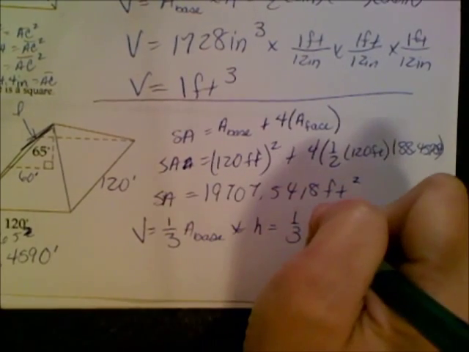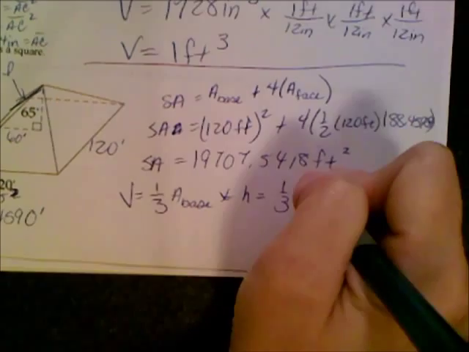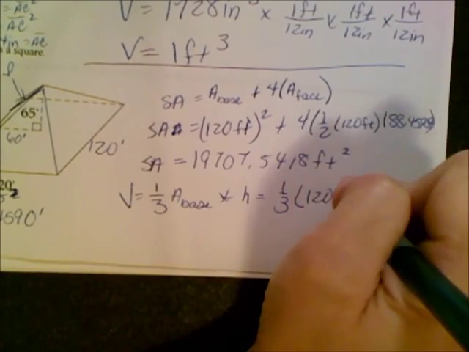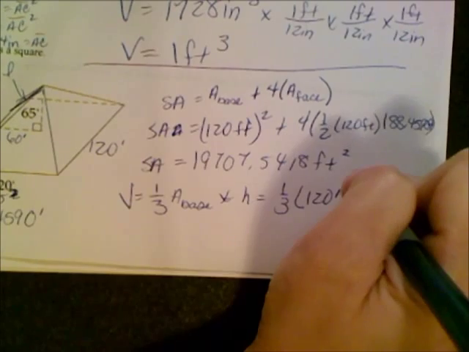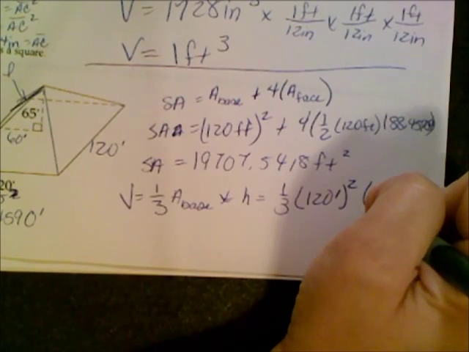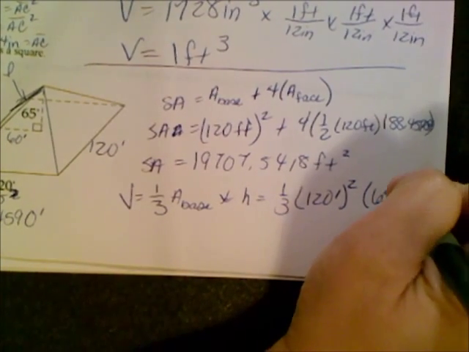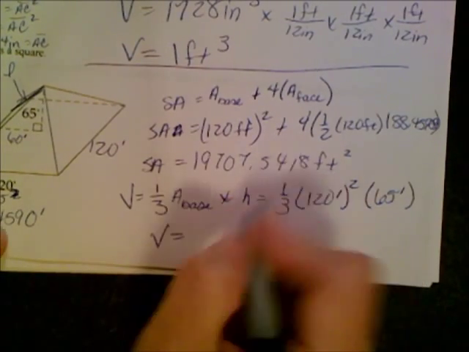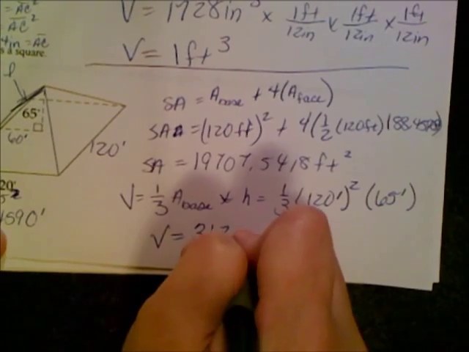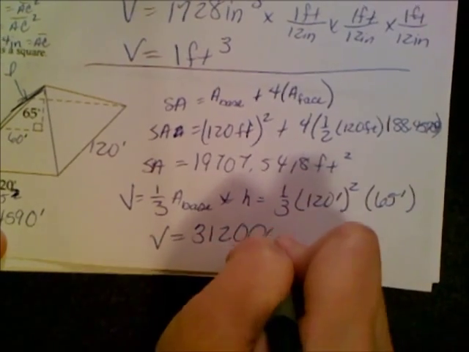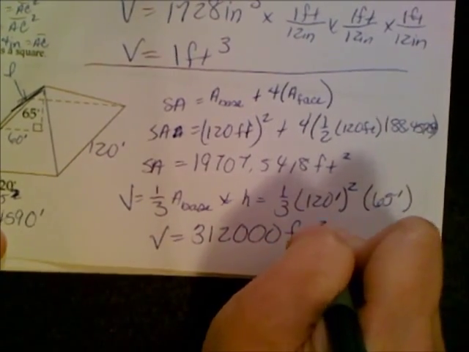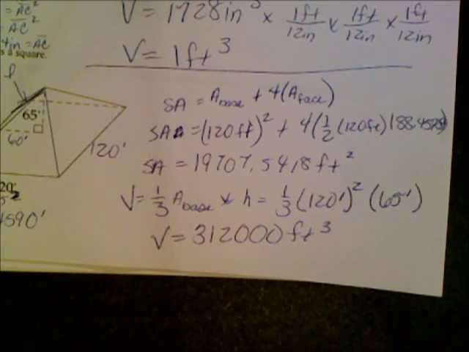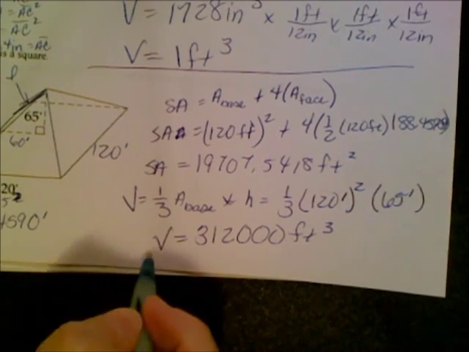So that's 1/3. The area of the base is 120 feet squared, and the height is 65 feet. So that gives me that the volume is going to be 312,000 feet cubed. Okay?